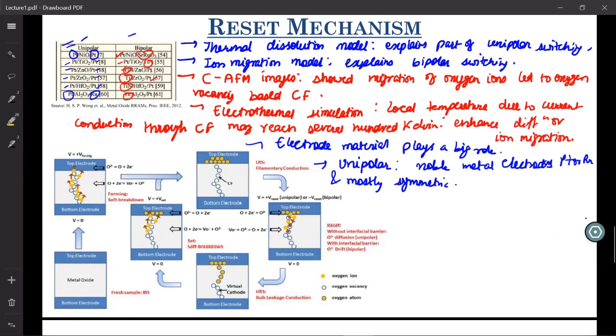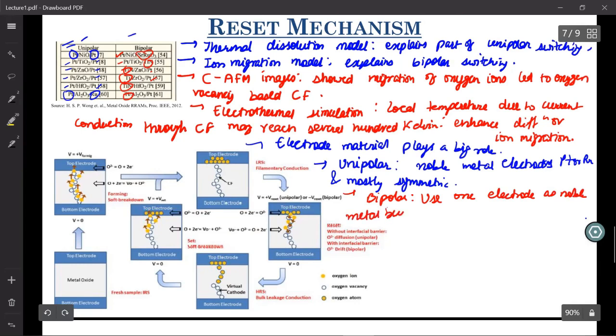So in bipolar, they use one electrode as a noble metal, but replace the other one with an oxidizable material. This titanium nitride or titanium, these materials are oxidizable.